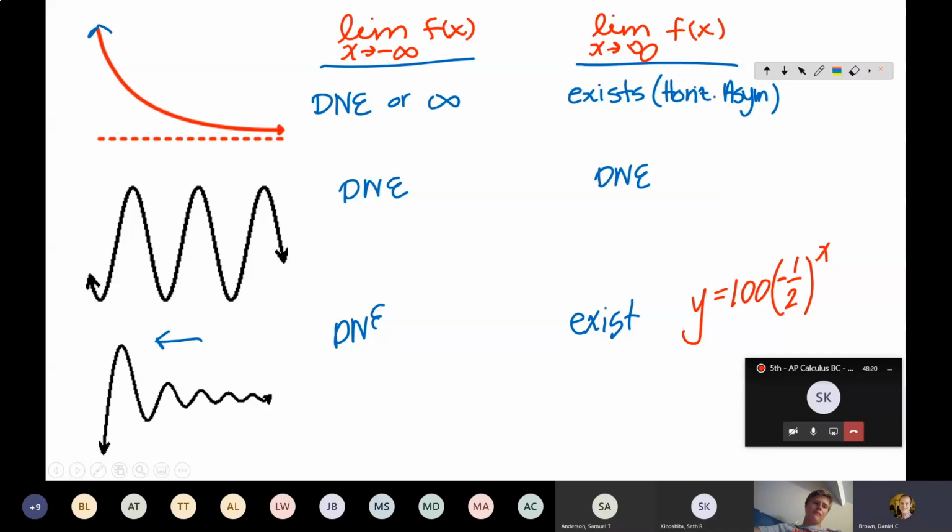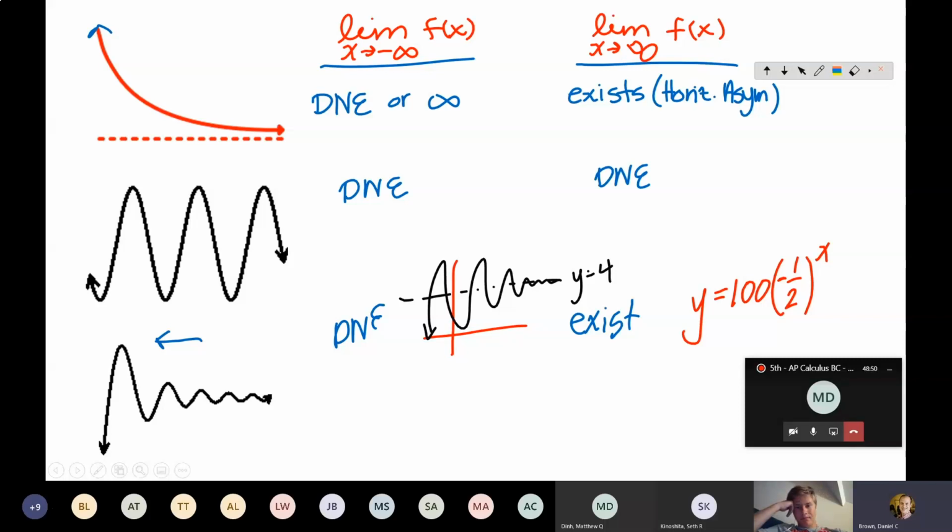Any other questions? Can the horizontal asymptote only be 0 for the third one? It depends on what it is. It's probably 0, but I can draw one that settles like this, and say this is the line y = 4. Then we would say the limit as x goes to infinity is 4, since that's what it's leveling off at.